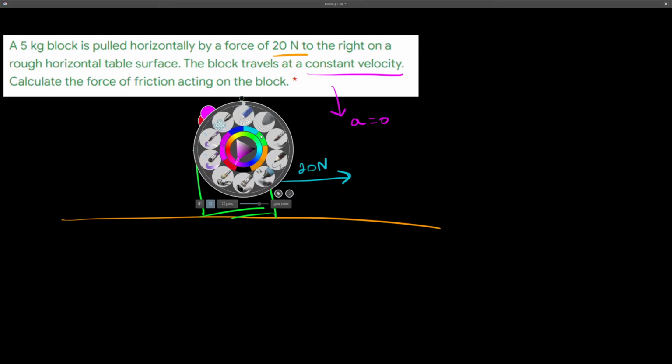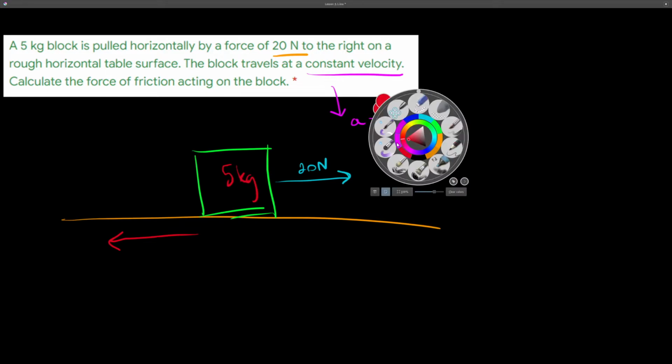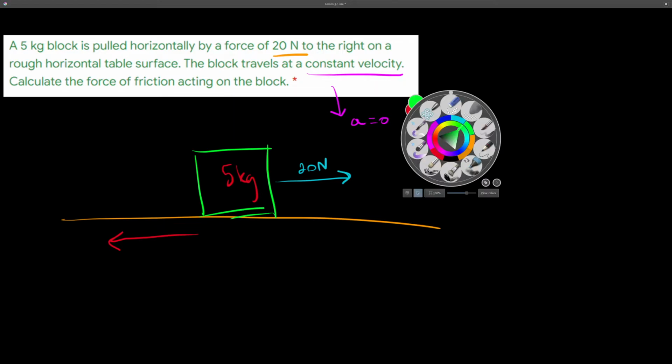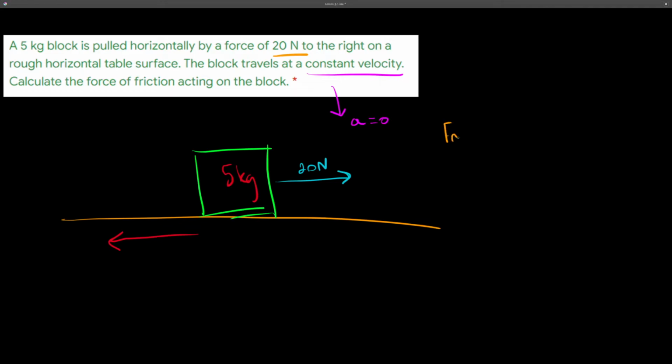So there's going to be some kind of force resisting this block, which is 5 kg. Knowing that the object's acceleration is 0, we can use Newton's second law, relating that F net is equal to ma.